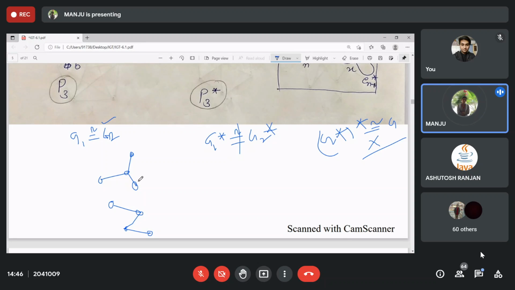Now, these are non-isomorphic I have just taken. What is the dual? There is one face, so one vertex. Here also one vertex. How many loops should I say? All the bridges, so three loops. So this is your dual of the first.